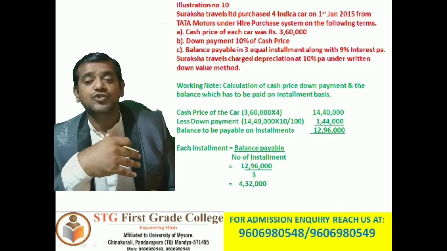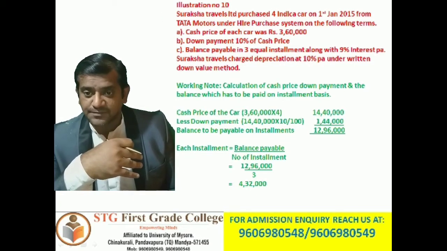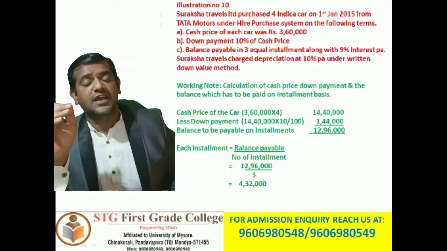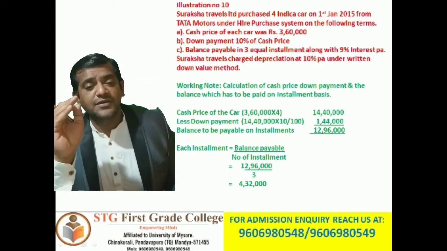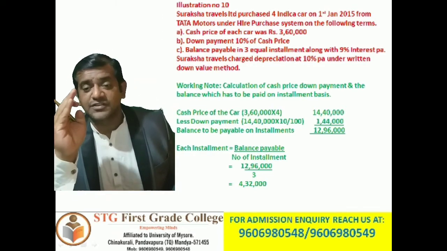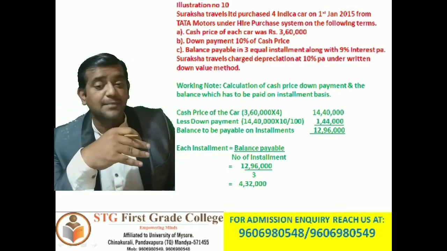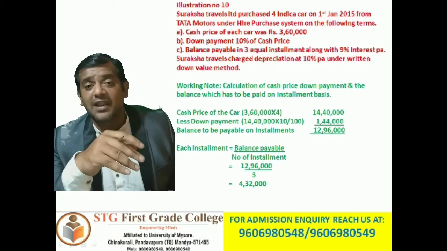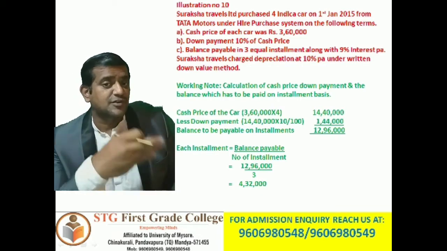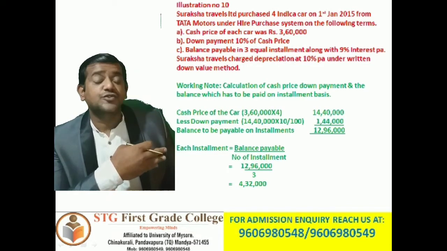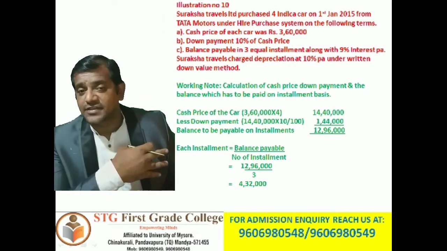So that comes to 1,44,000. When you deduct 1,44,000 from 14,40,000, the balance to be paid in installments is 12,96,000, which has been shown here in this working note. Clear? So how much? 12,96,000.